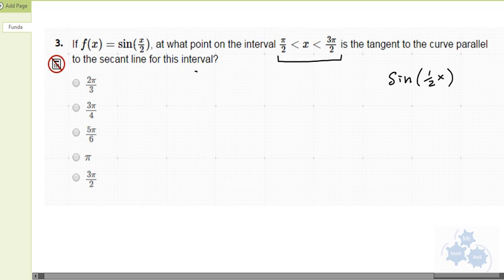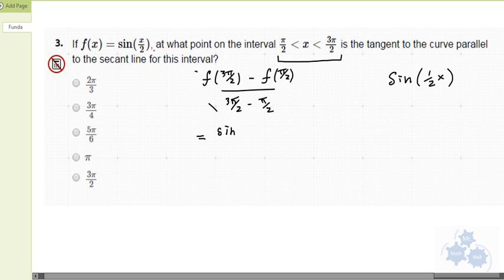Well, we want to find out what the secant slope is. So we're going to do f of 3 pi over 2 minus f of pi over 2, all over 3 pi over 2 minus pi over 2. So this here, and I'm going to show some work here.